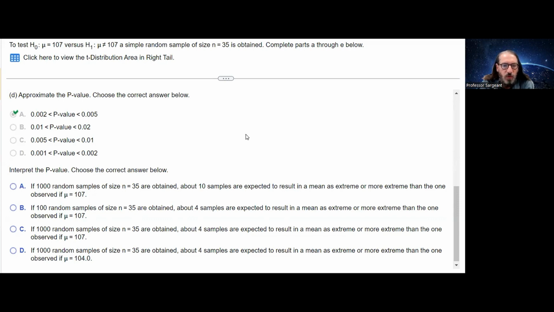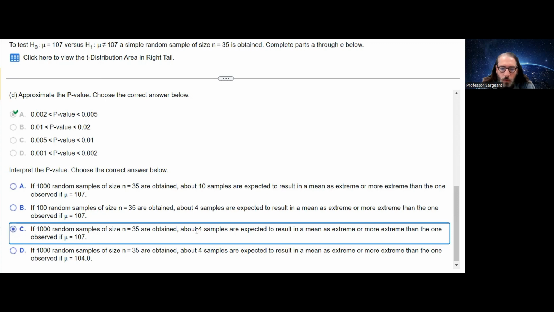We're strictly in between that. So I would expect 3 or 4 samples of size n equals 35 where we'd get an X bar that extreme. Now they don't say 3 or 4, so I'll go with that one.